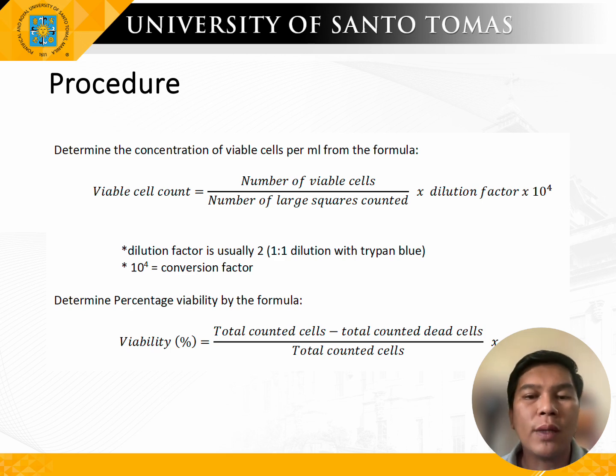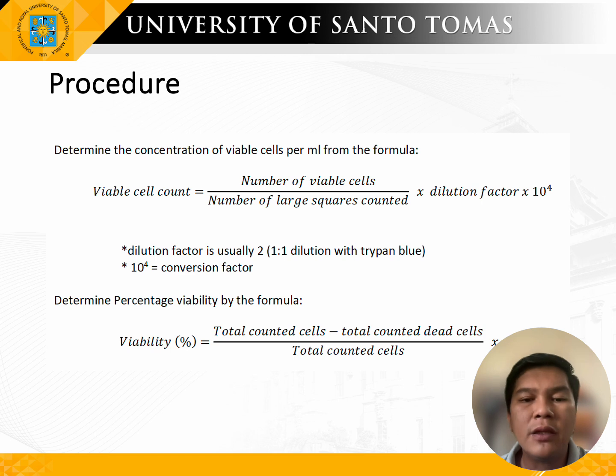Dilution factor is usually 2. That means 1:1 dilution with trypan blue. So 1 portion of your sample and 1 portion of your trypan blue. And of course, 10 raised to 4 is the conversion factor.